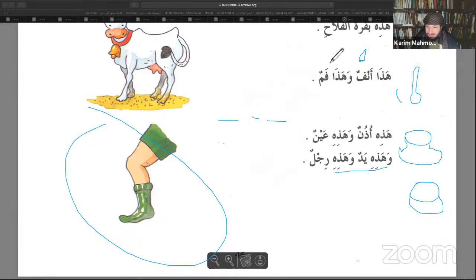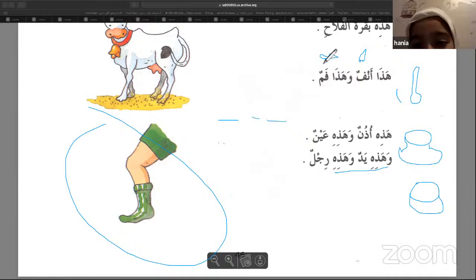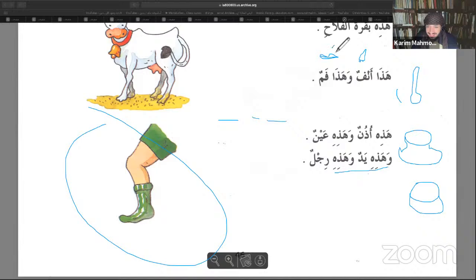What about فم? Let's see if we can make a فم here. You guys are always laughing at me when I'm drawing. Oh no, it looks crazy. Let me see if I can do it better.